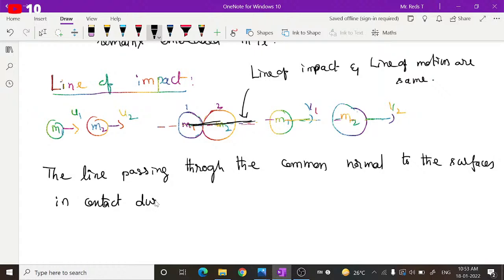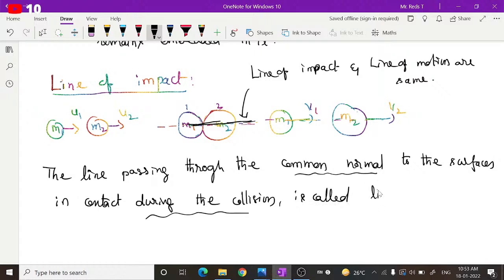Underline this, it is very important. The line passing through the common normal during the collision is called the line of impact.